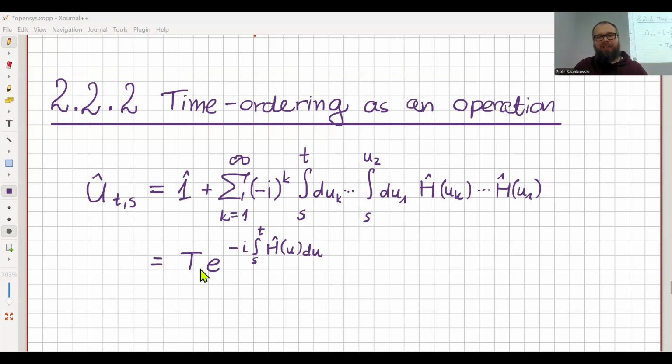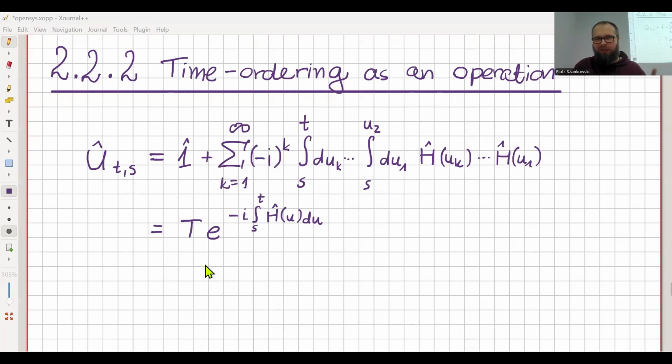But the convention is often to rewrite it as an exponential that's attacked with a time ordering operation. We talked about how it can be used, how it's defined, and some tips and tricks. We will continue with this discussion and reveal more tricks.